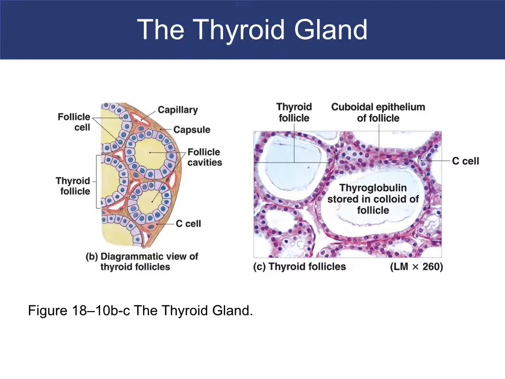And you remember parathormone from the parathyroid gland makes calcium levels go up. Calcitonin, made from these intrafollicular cells, brings calcium levels down. And the two of them work in tandem to keep our calcium levels just right.